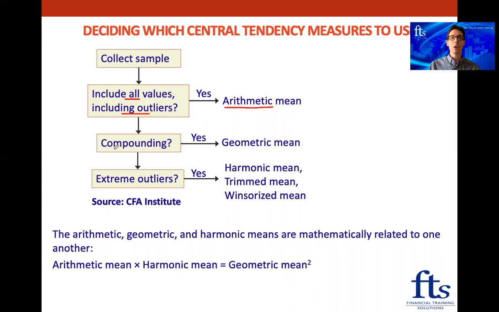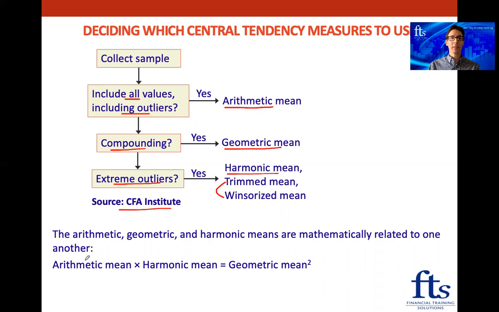If we are doing compounding, then remember from the previous class, we must use the geometric mean. If we've got extreme outliers, we should use the harmonic mean that we've just looked at, or we could do the trimmed mean or the Windsorized mean, and those two we did in the previous class. I got this from CFA Institute, so I'm just putting the disclosure in over there.